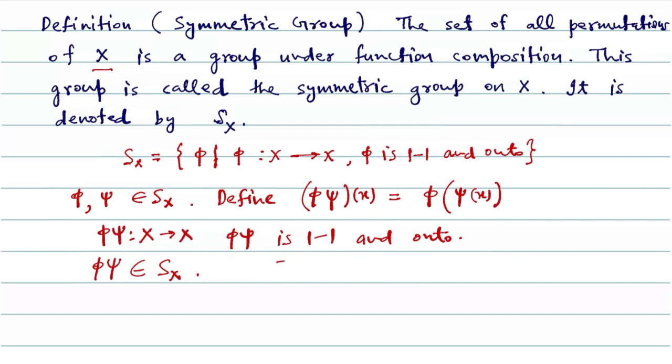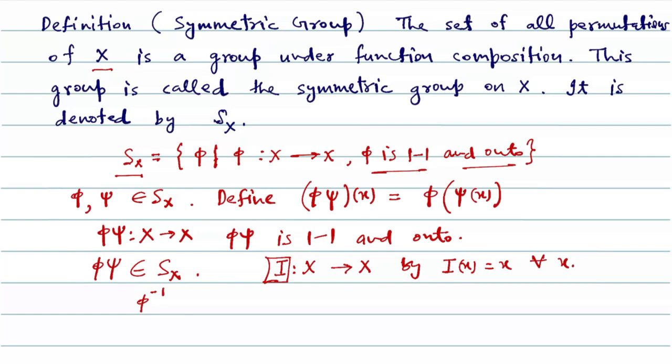If we define I, a function from X to X, by I of x equal to x for all x, then this function I behaves like the identity in S_X, and because every element of S_X is a 1-1 and onto function, its inverse exists, and that is phi inverse.